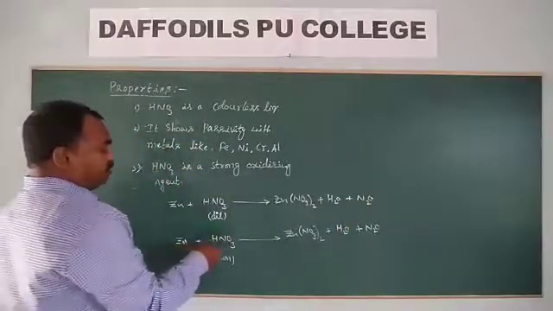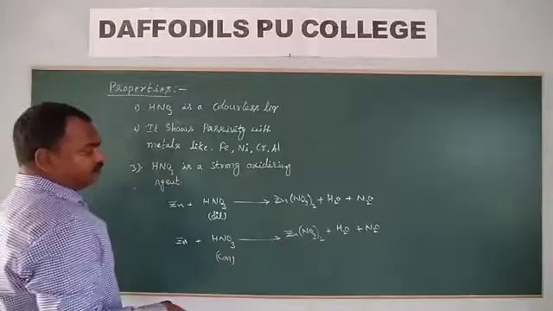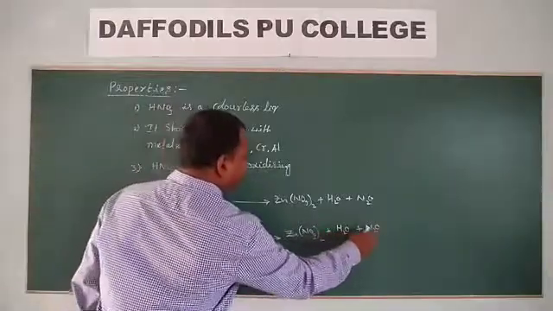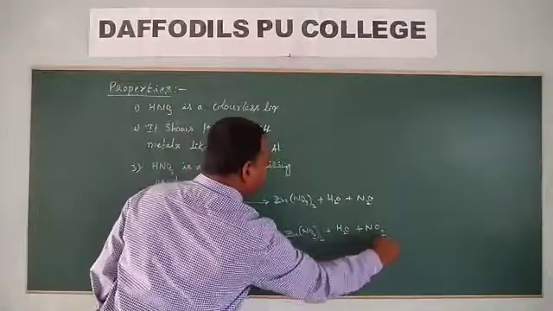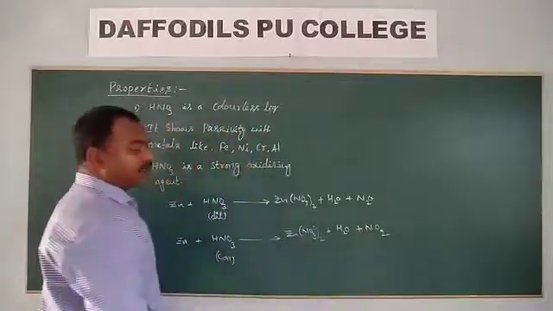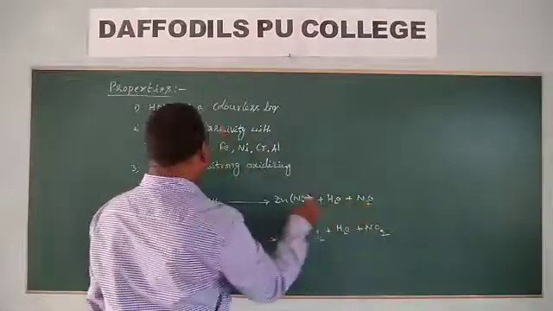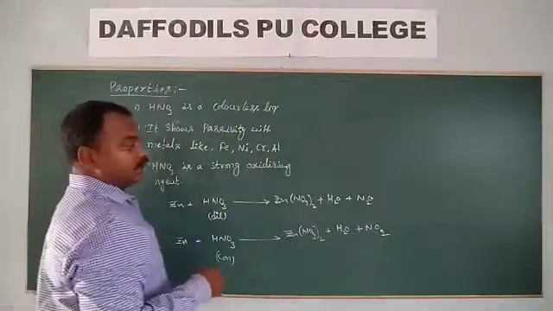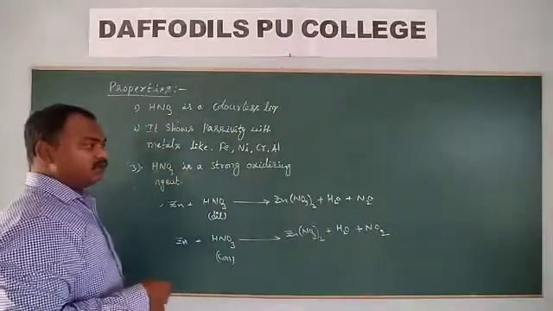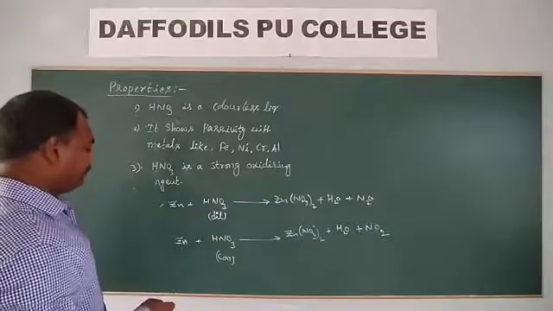When it reacts with concentrated nitric acid, we get NO2, nitrogen dioxide. N2O is laughing gas. We discussed this equation in the preparation of nitrous oxide.